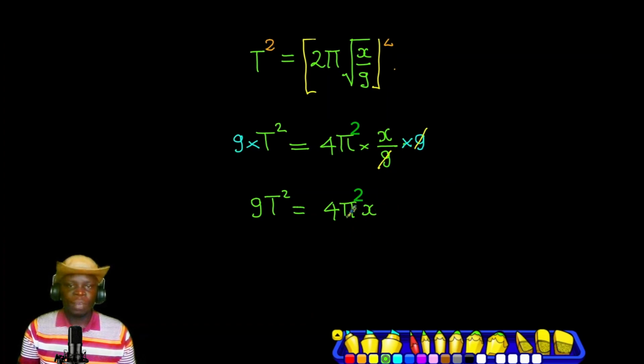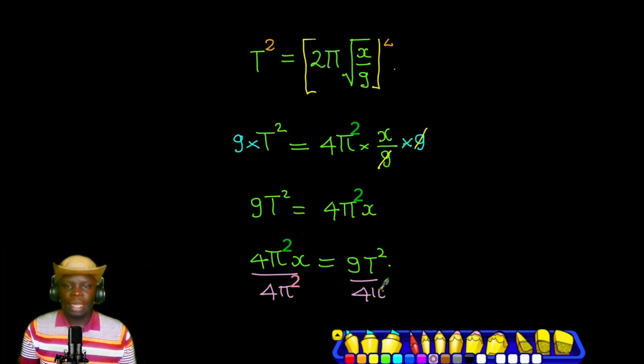Before I divide both sides through by 4 pi, I need to move this x to the left hand side. So let me just swap, and I have 4 pi x equals g t squared. Now after that, I can comfortably divide both sides of this expression by 4 pi, and the left hand side of this expression cancels out 4 pi.